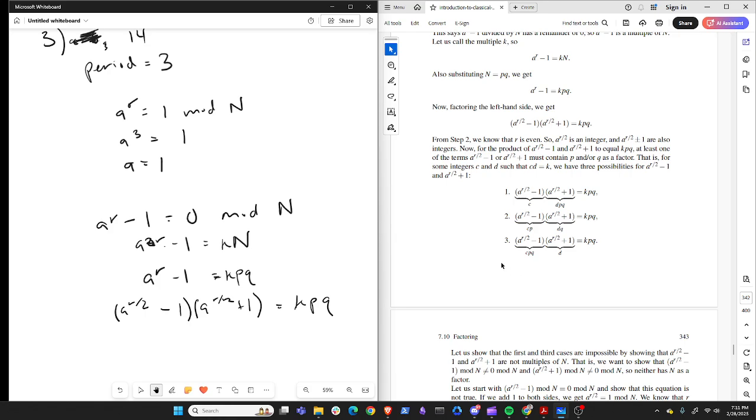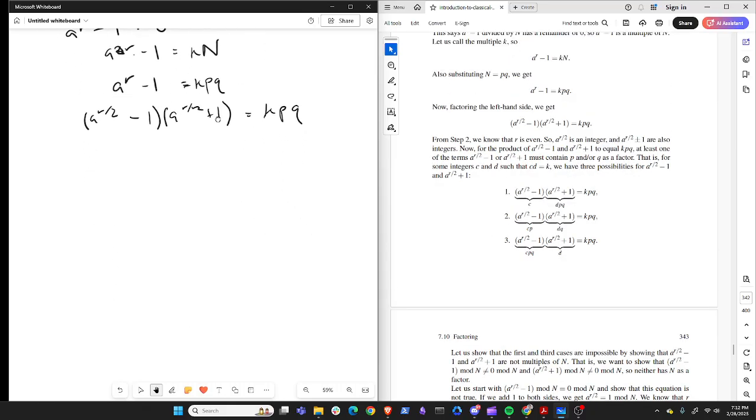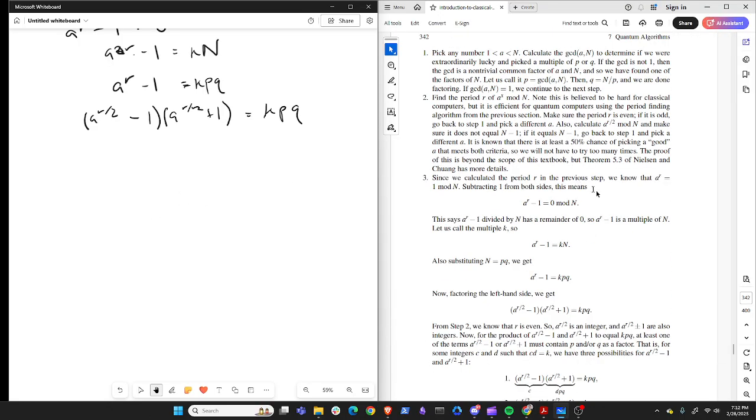So we know that these are integers, as a^(r/2) is an integer, because we wanted to make sure that up here we needed to ensure that a^(r/2) modulus n did not equal n minus 1.